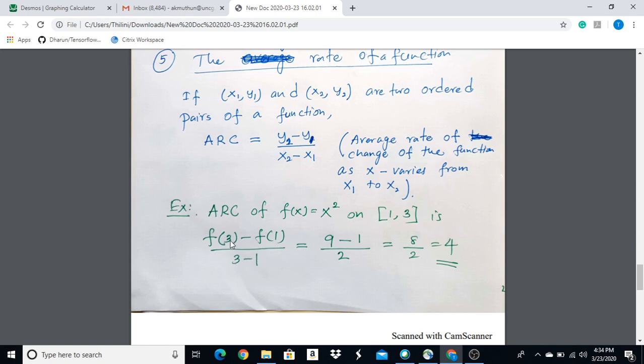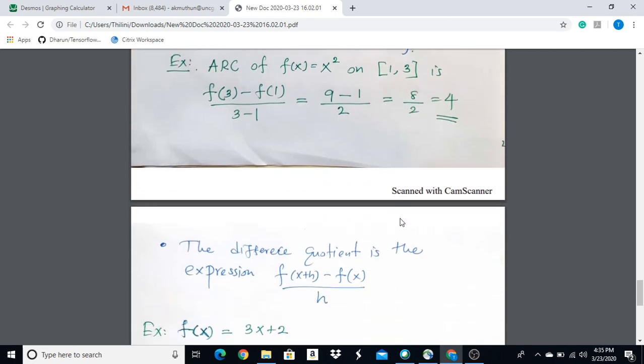Now if you plug in 3 to this function, that becomes 3 squared, which is 9, minus 1 squared, which is 1, divided by 3 minus 1, which is 2. So 9 minus 1 becomes 8, and 8 divided by 2 is 4. So this is the average rate of change of this function from 1 to 3.